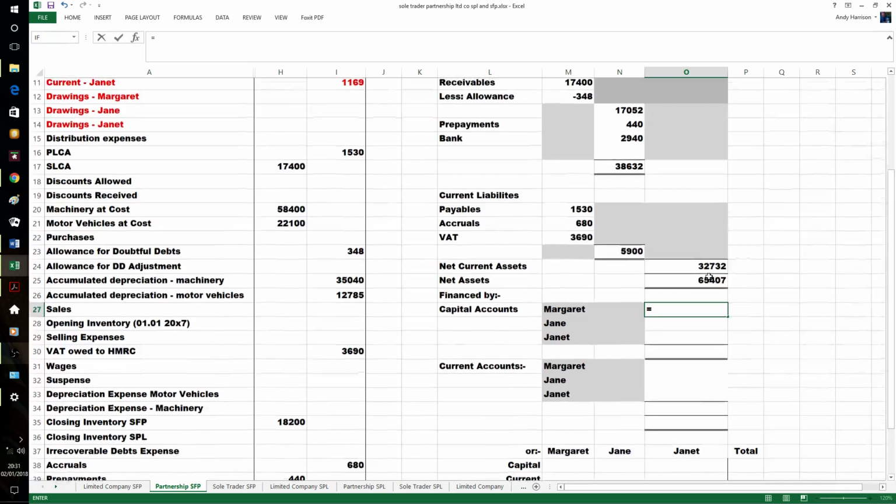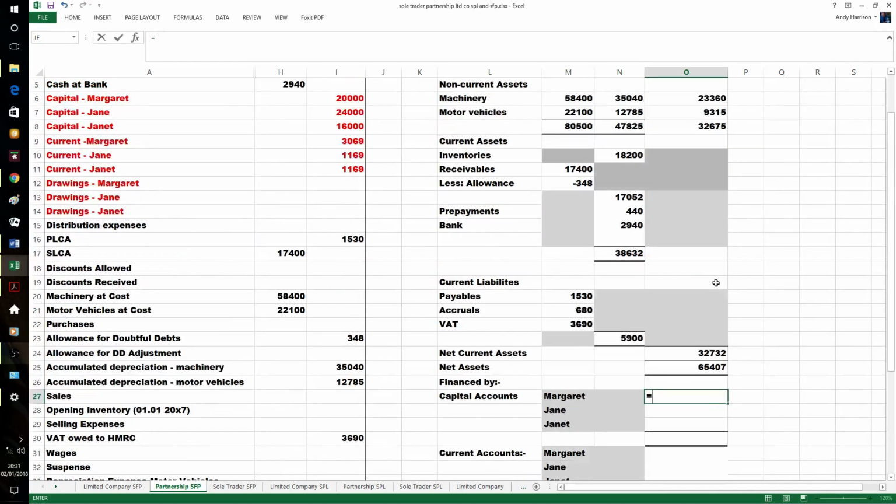So Margaret's capital was in that cell, which means... And I can just add those up.